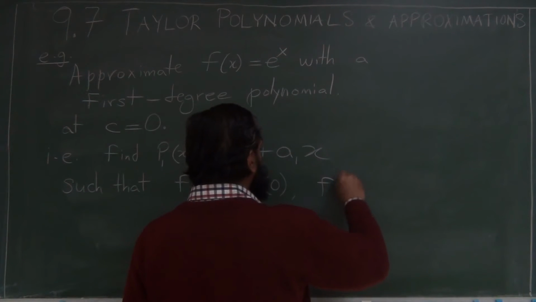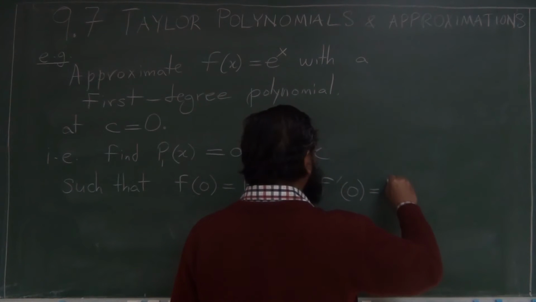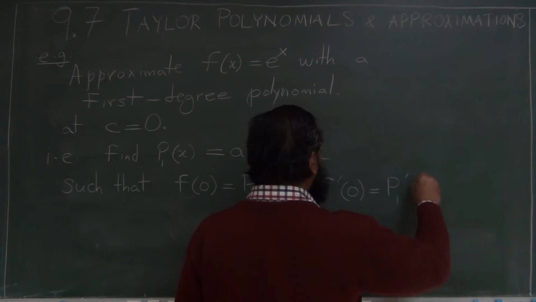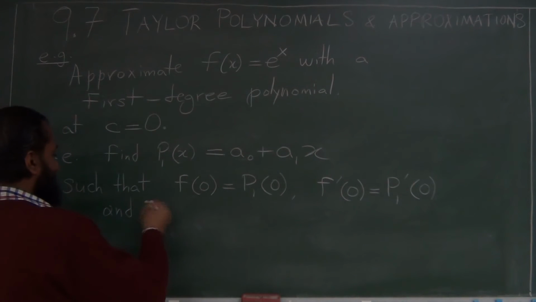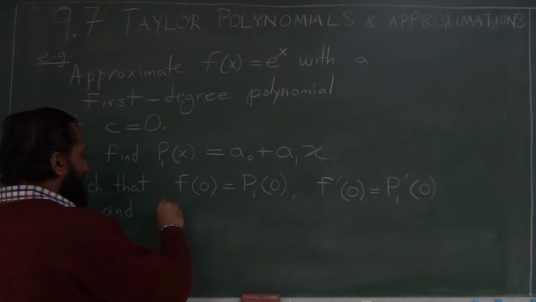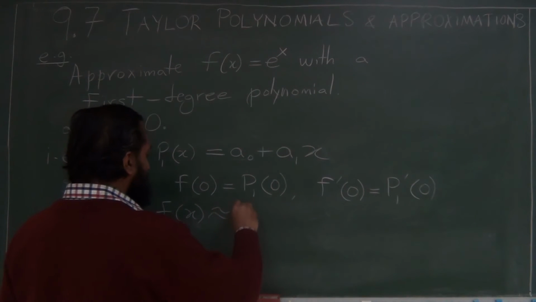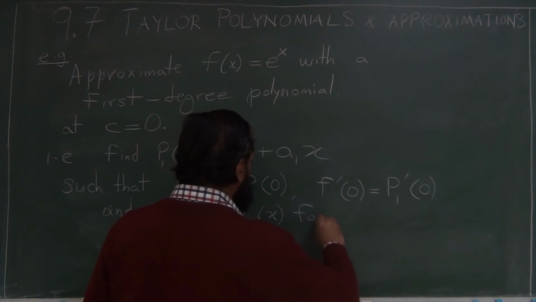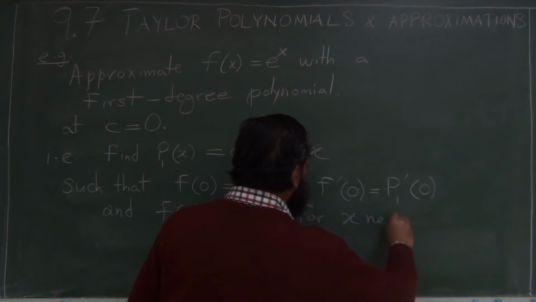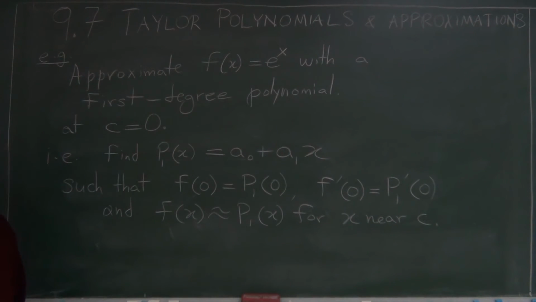F prime of 0 equal to the slope of this function at 0, and we'll say f of x is approximately p1 of x for x near c. Okay?